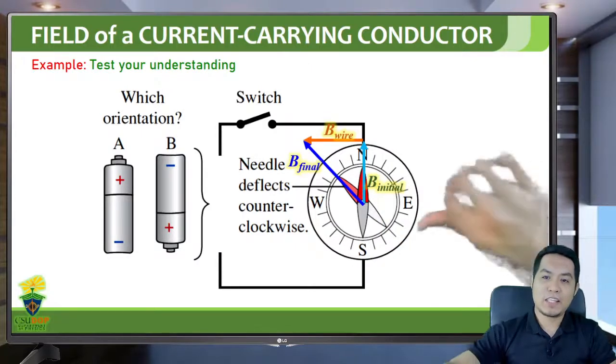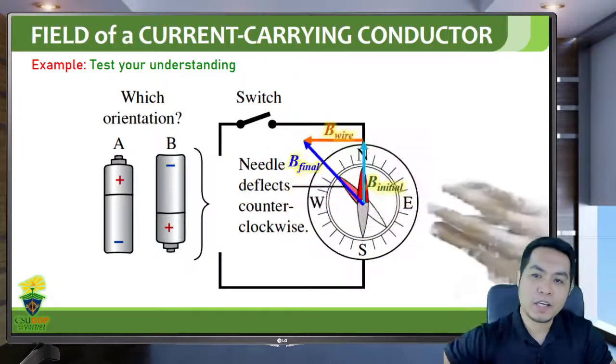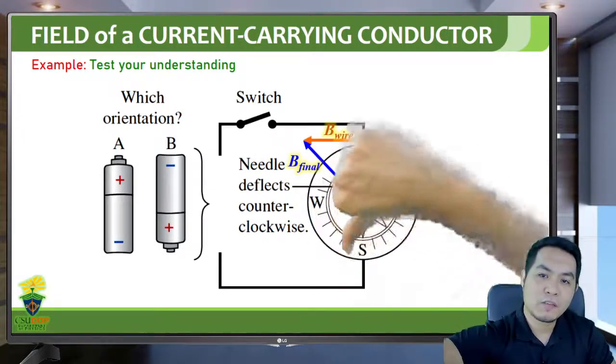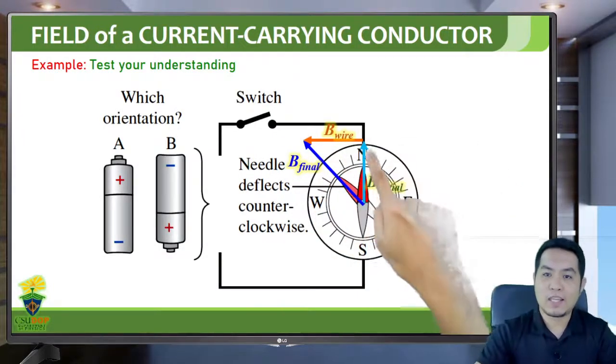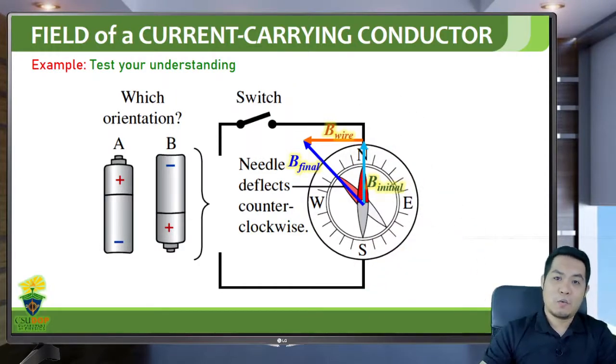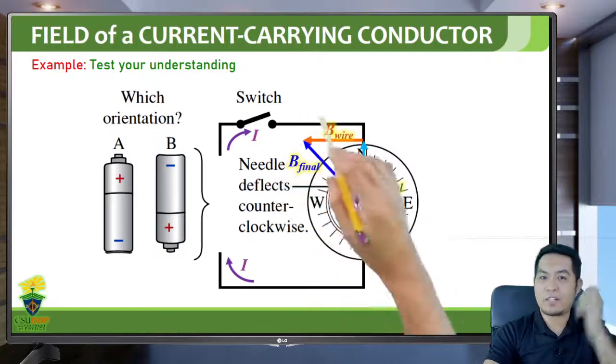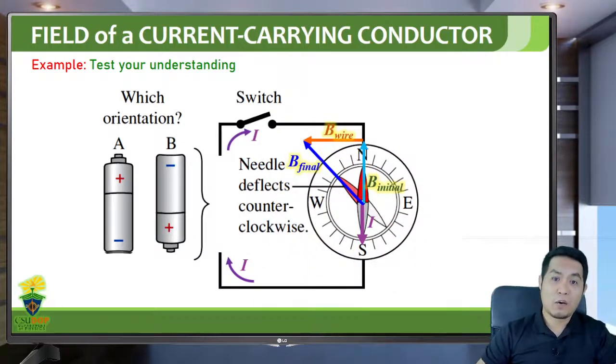In that case, according to the right-hand rule, if it's pointing west in that direction, then the direction of the current should be downward at this segment of the wire, which means the current is flowing along the circuit in a clockwise motion.